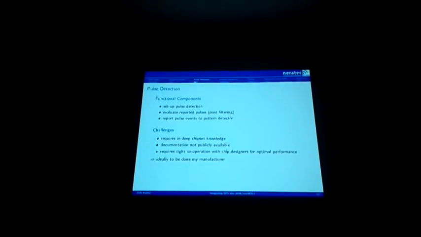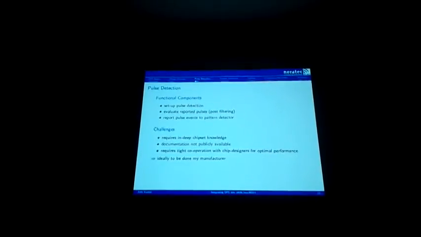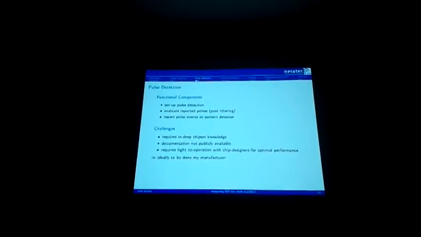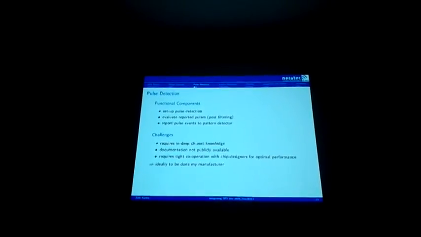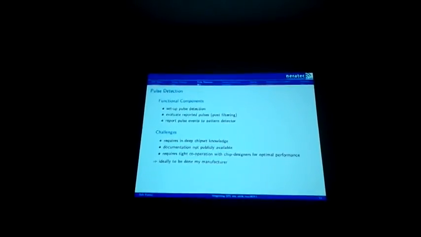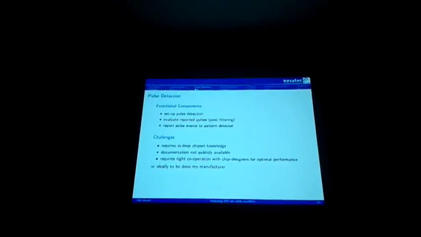By doing this post-filtering, you forward only those that you're pretty sure were pulses. That's the first step, basically. The challenge for implementing this is that you need in-depth chipset knowledge. Documentation for these functional blocks is, for good reasons, not available to the public. I think it's even patented by authorities.